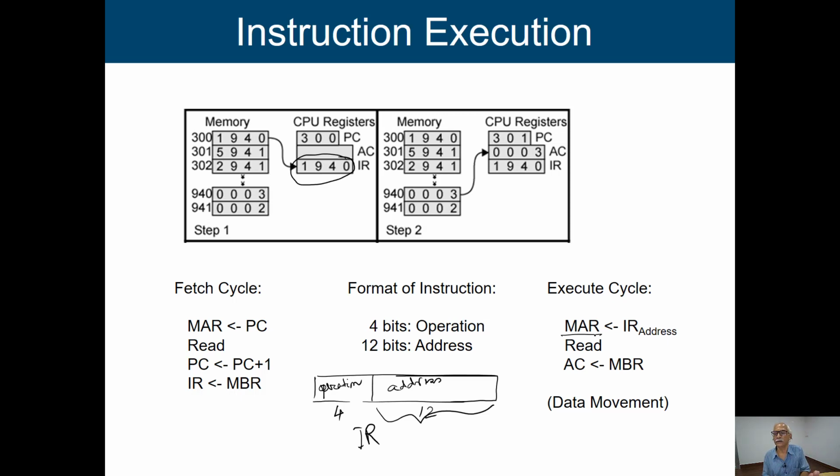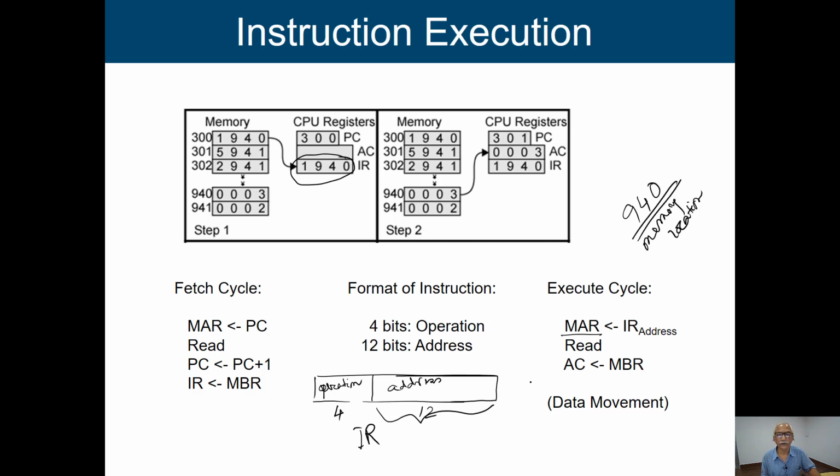So we are giving the address of a memory location, and in this example the contents of this MAR are 940. That means we are going to use memory location 940. First we are putting this address in the MAR.